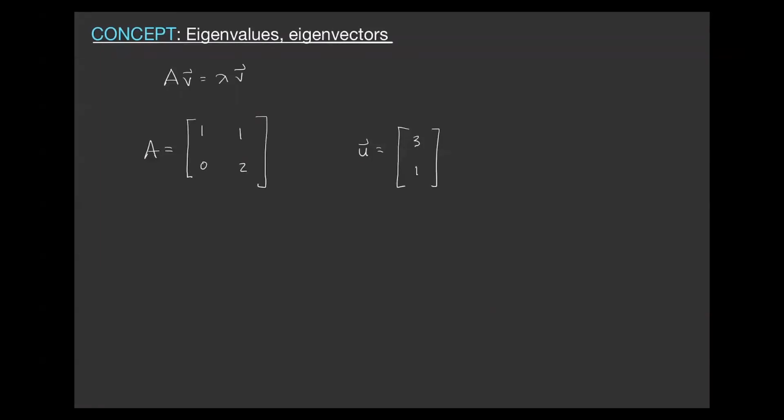What we'll get when we multiply the two is 4, 2. This is not, let me really stress, this is not equal to any scalar multiple times 3, 1. So that shows you that 3, 1 is not an eigenvector of the matrix.